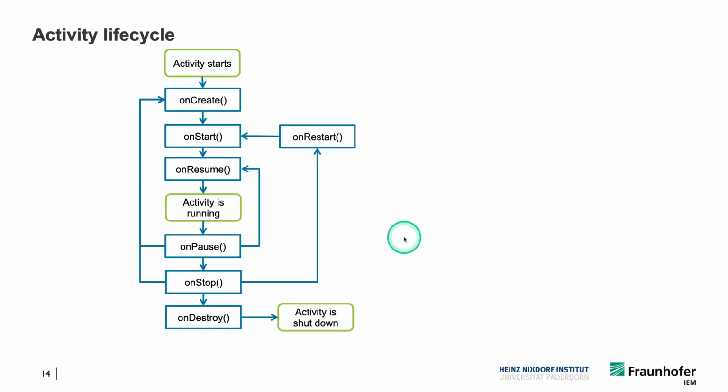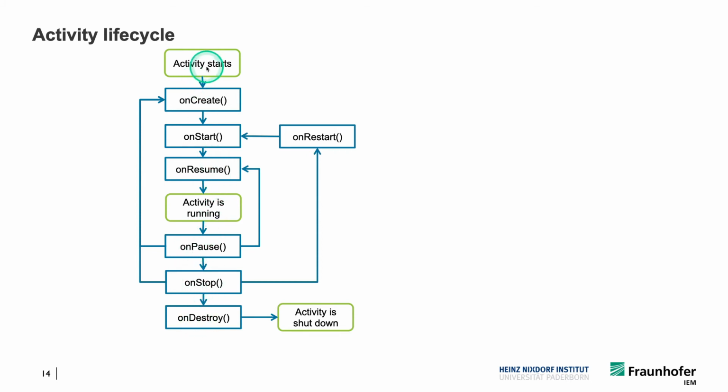That means any app that is running on your phone doesn't really have a main method at all. It's rather a plugin into the Android framework, and then there are certain callback methods that are defined here. So these are these lifecycle methods or event handlers, and these are really called by the framework at the appropriate time.